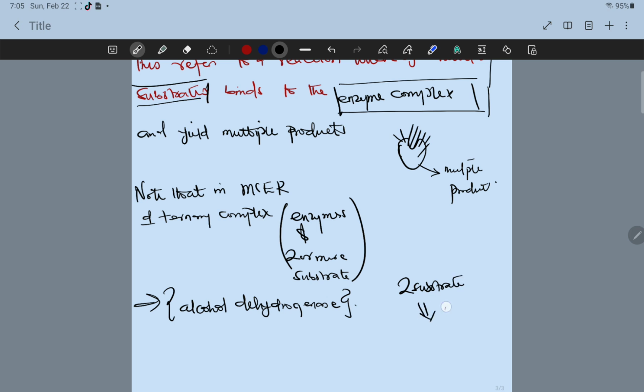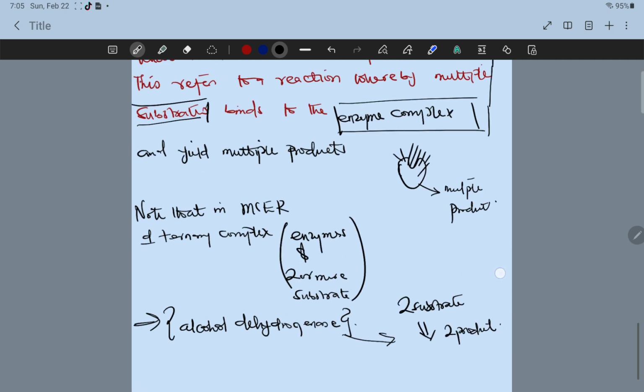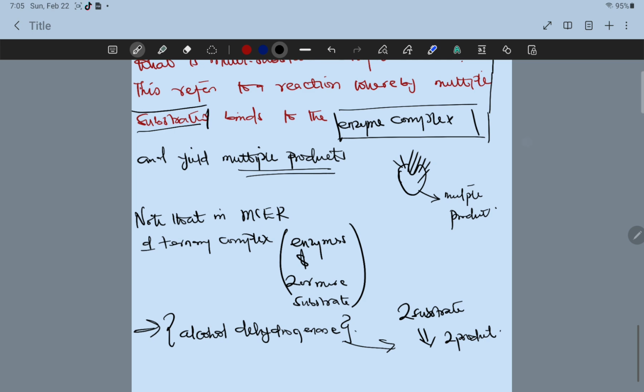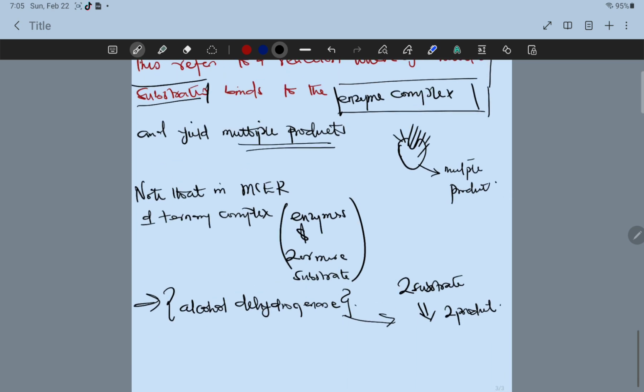A classical example of the two-substrate case is alcohol dehydrogenase, an enzyme that exhibits MSCR.